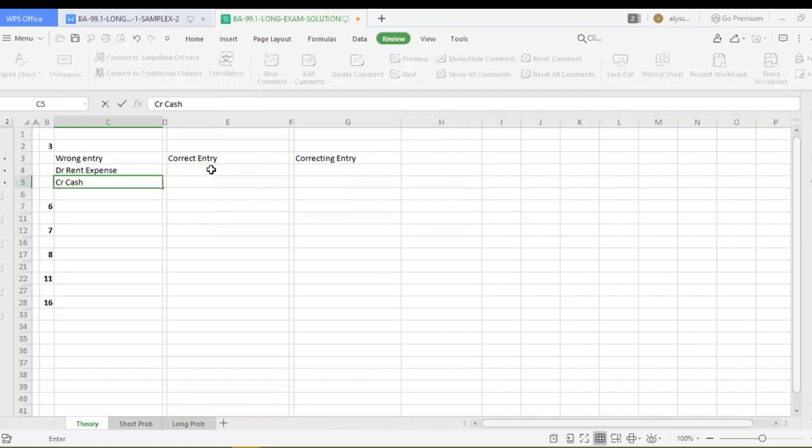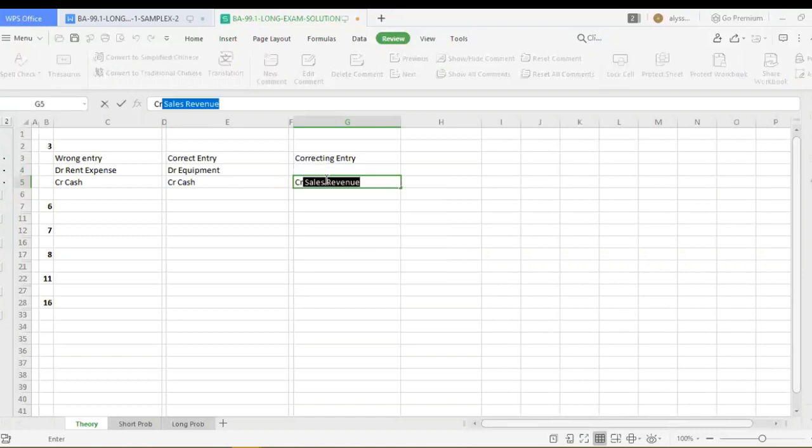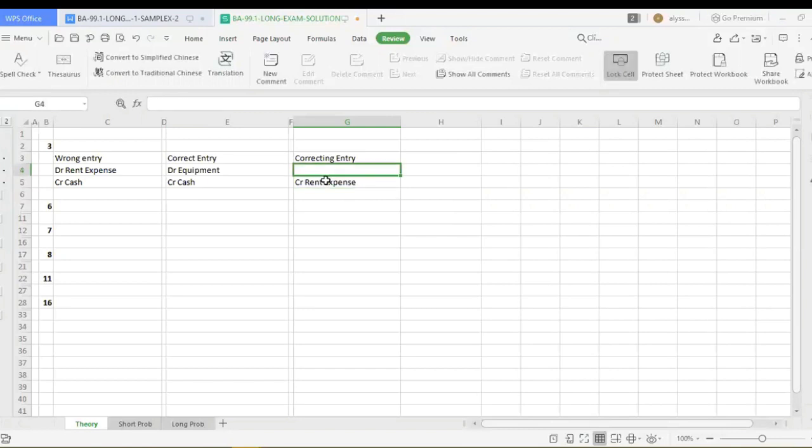The correct entry should be debit equipment, since this is a capitalizable purchase, and then credit cash. So the correcting entry should be to cancel out the debit expense, to credit rent expense, and then debit equipment to recognize it.